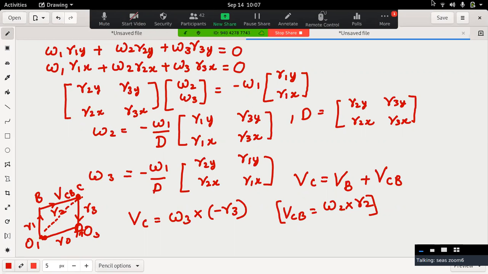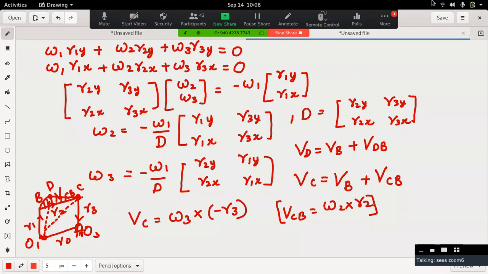Let's say we want to determine the velocity of any point D here, and point D is part of link 2. So if we want VD, what can we write? VD is nothing but VB, the velocity of point B, plus the velocity of point D with respect to B. We can make such a triangle here also from this fixed point.